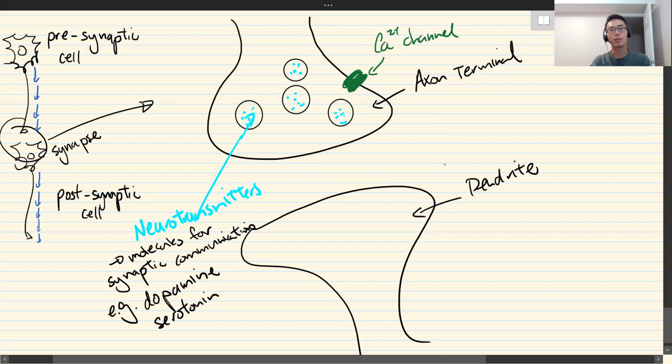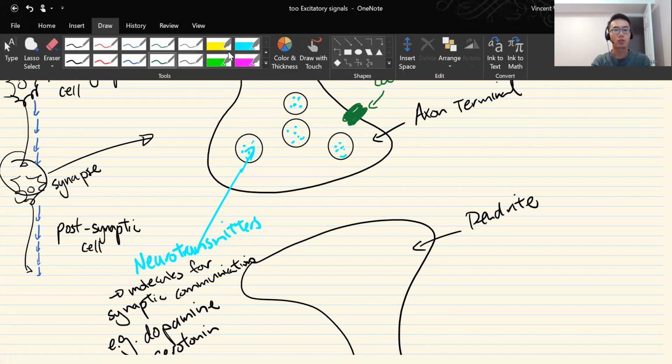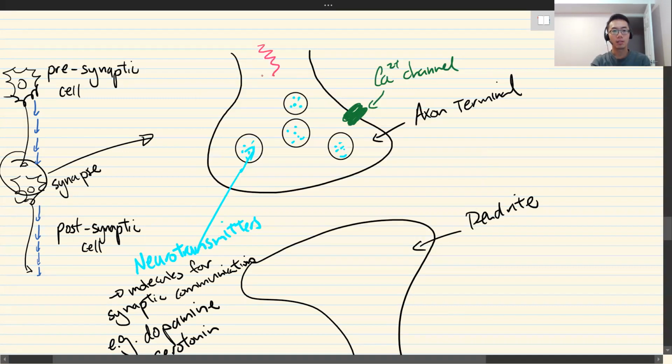Calcium channels are normally closed, but when an action potential arrives, okay? So this is the signal, right? The sodium basically coming in is going to cause the membrane to become more positive, and that will open the calcium channels.